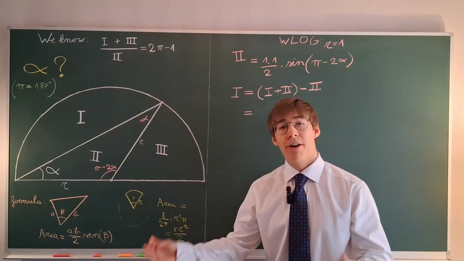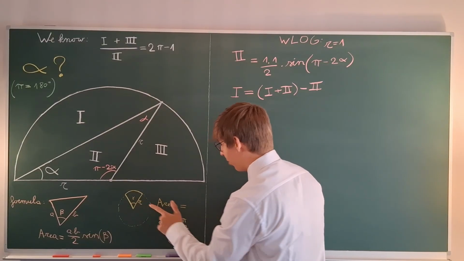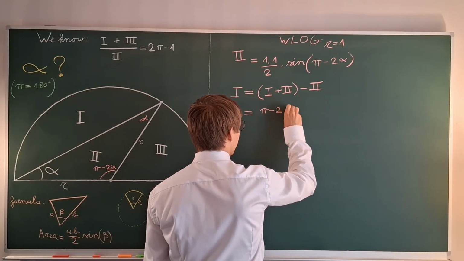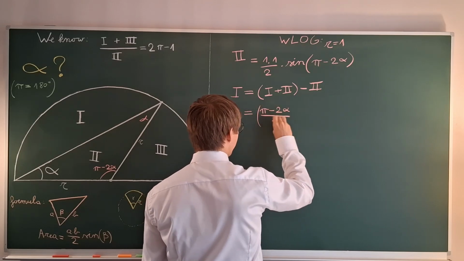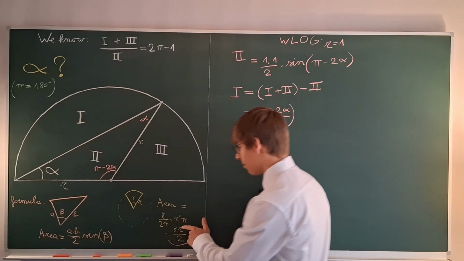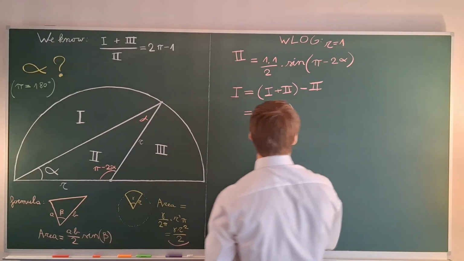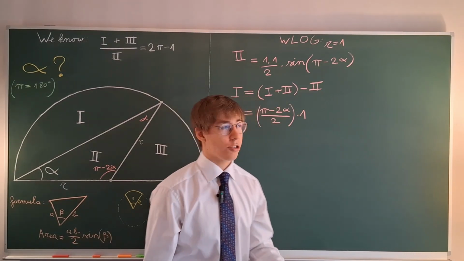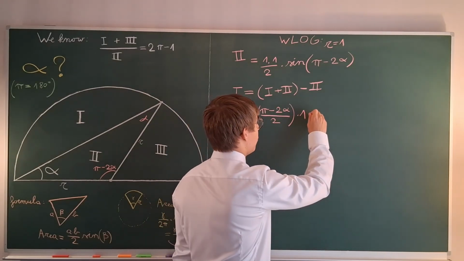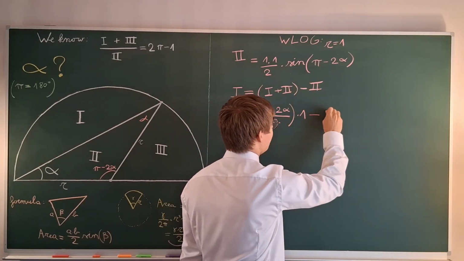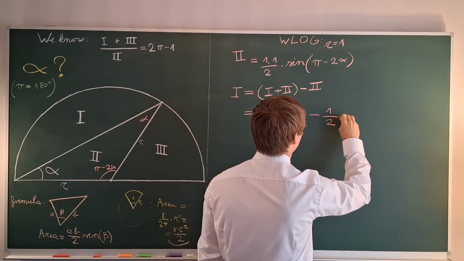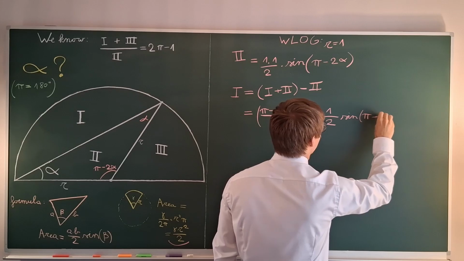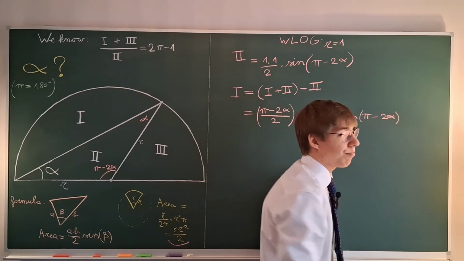The area becomes this angle in radians, which is pi minus 2 alpha, divided by 2 times r squared, which is just 1. And then we have to subtract the area of 2, which is the value we already knew, which is 1 over 2 times the sine of pi minus 2 alpha.